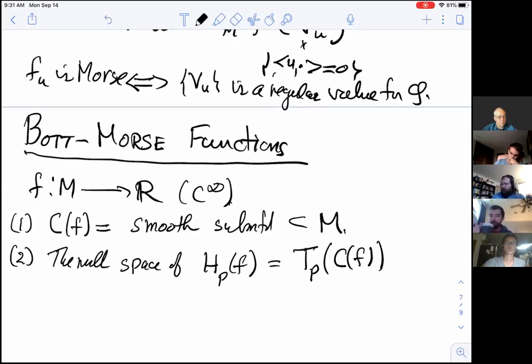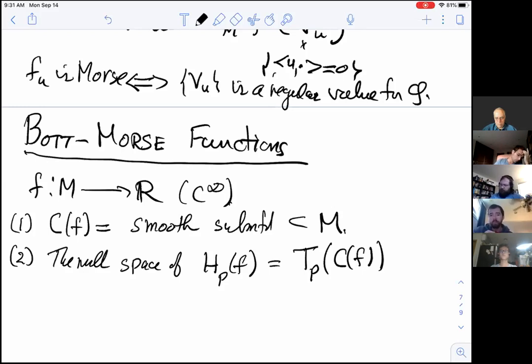Hessian has a null space. The null space will certainly always include the tangent space. In fact, this is a Zariski tangent space to the set of critical points. This is a manifold, so the Zariski tangent space is equal to the naive tangent space. And condition 2 says the null space of the Hessian is exactly of that dimension. It's exactly the tangent space to the critical points, no more. And that's it. That's what a Bott Morse function is.